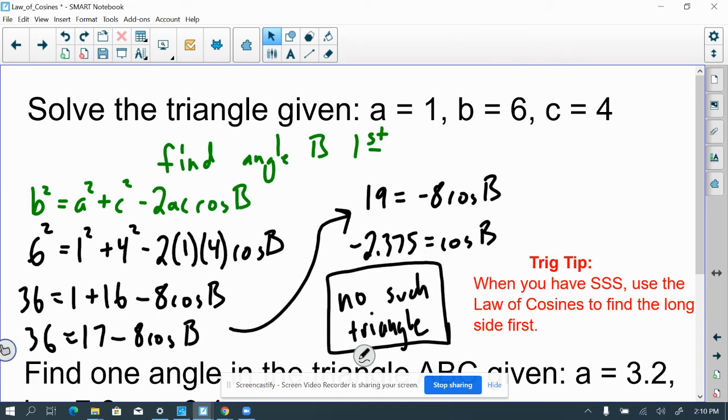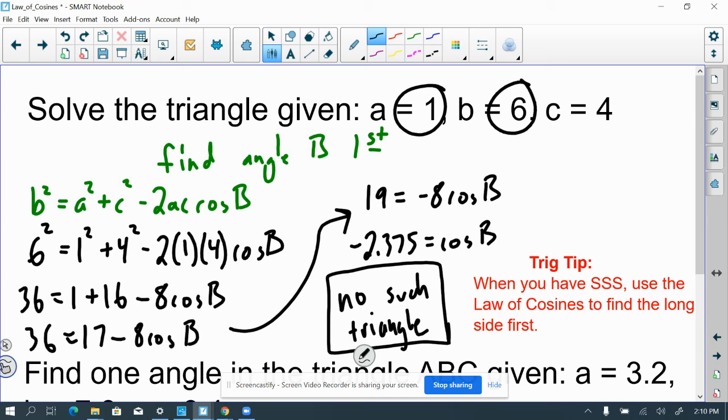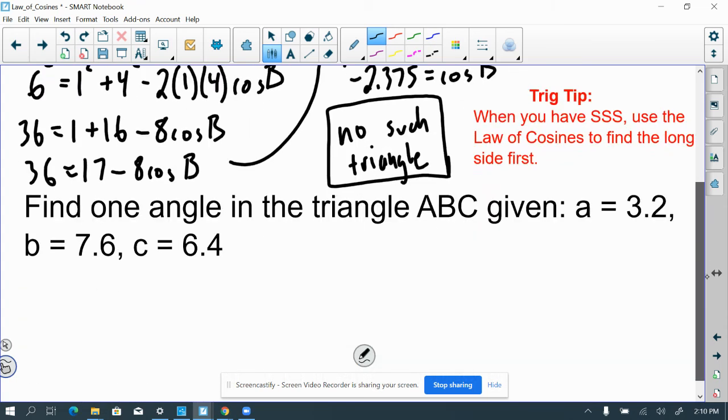Never. And in fact, if I gave you a stick that was 1 foot long, another stick that was 6 feet long, and a third stick that was 4 feet long, you will never be able to create a triangle. Unless the sticks are overlapping. You can't have a triangle with those three measurements.